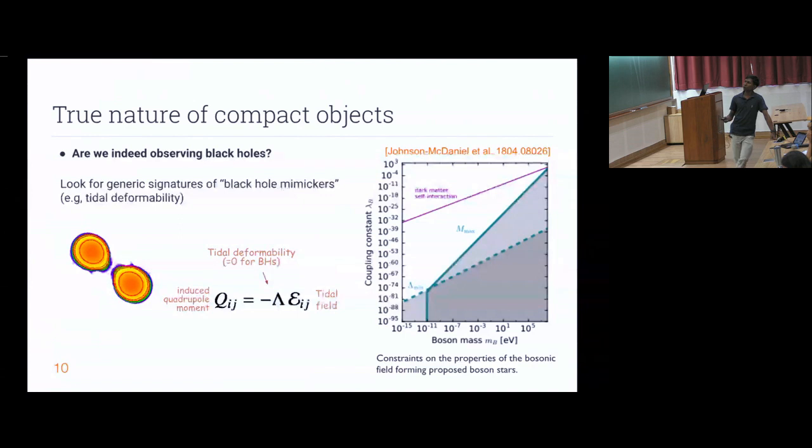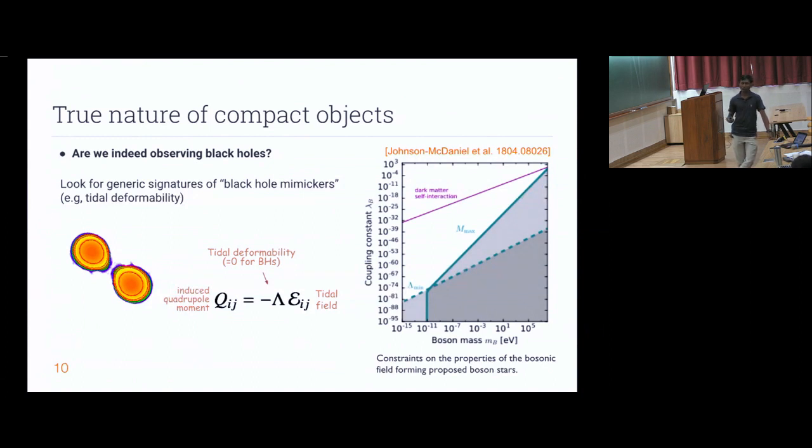And then what we do is that we use a new waveform that includes tidal deformability. So basically, when we include the tidal deformability into the analysis, then the waveform will be different from what we expect from binary black hole mergers.